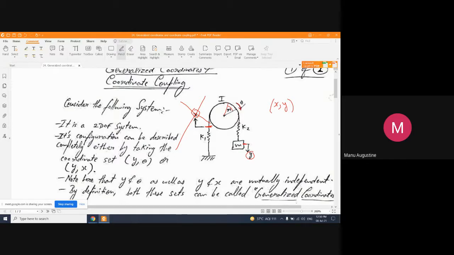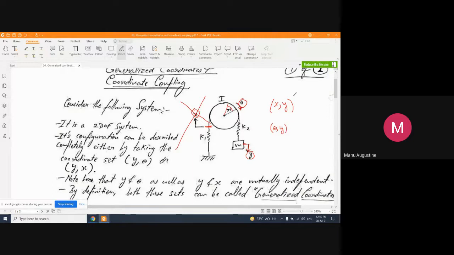So he says that okay, when the rotation of the disk is by theta, the parameter theta will give you the configuration of the disk, and the mass is hanging, the vertical displacement y will give you the configuration of the mass. So now this person gives you a set of coordinates. He says, okay, go ahead with these two variables, theta comma y.